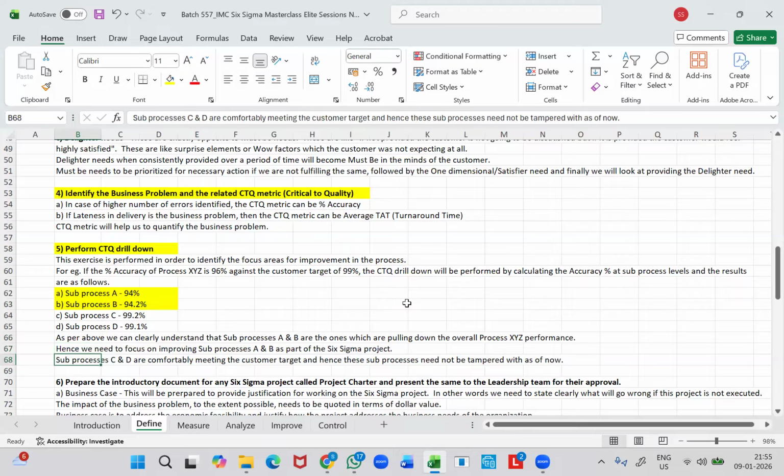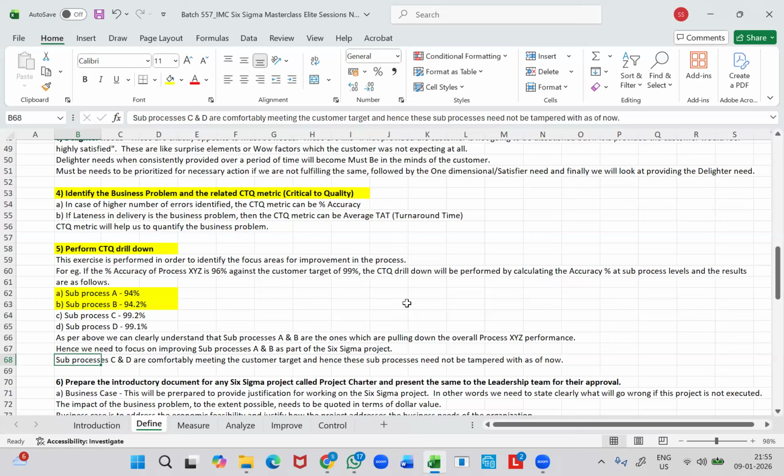Sub-processes C and D are comfortably meeting the customer target, and hence these sub-processes need not be tampered with as of now, right? Even though these sub-processes might have opportunities to improve further, this is not the time. So we need to choose the right battle, as they would say.